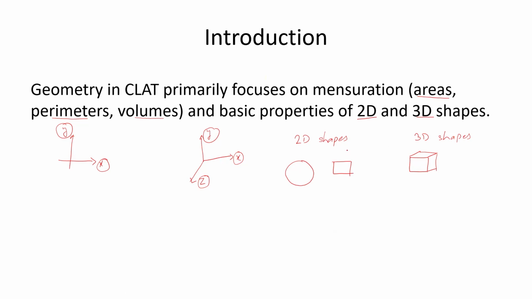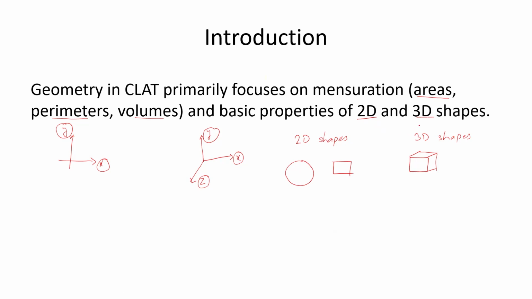So today's lecture focuses on 2D shapes. Today we will be discussing what 2D shapes are, what all examples are of 2D shapes, and certain problems we will be solving. And next lecture also I will be covering 2D shapes only, because in today's lecture I will be giving you very basic problems, and in the next lecture we will be taking care of some a bit complicated problems on 2D shapes.